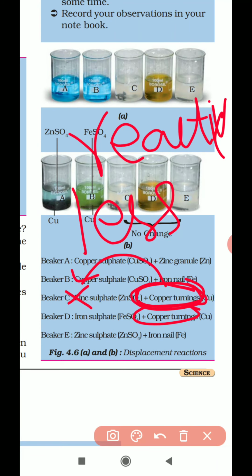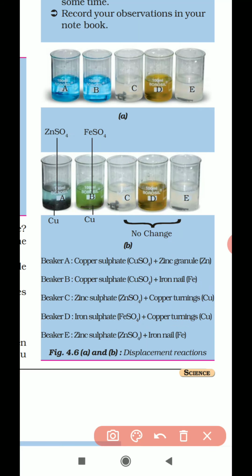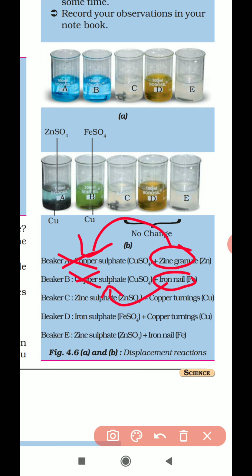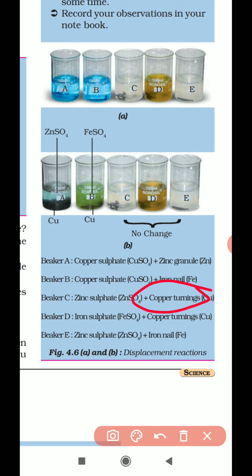Copper does not have that much power to remove zinc, whereas in the first two cases zinc and iron have the power to break the copper from the salt solution and it gets joined to form zinc sulfate and iron sulfate. But copper does not have that power because copper is very less reactive.